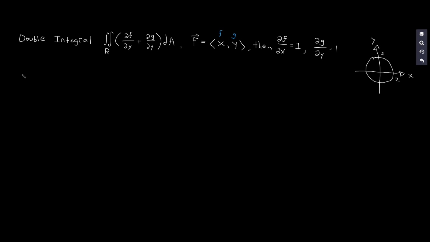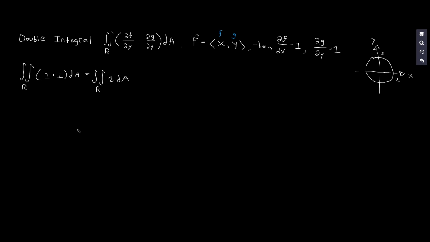We can do the double integral over our region R of the partial derivative of f with respect to x, which we know is 1. And then the partial derivative of g with respect to y, that's also 1. And so what we're looking at is the double integral of 2.